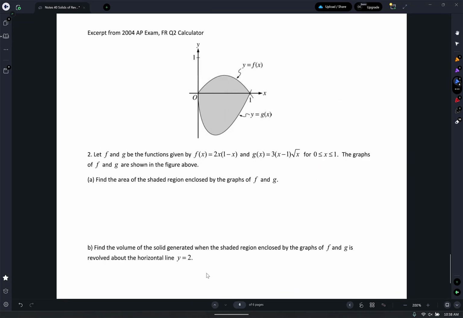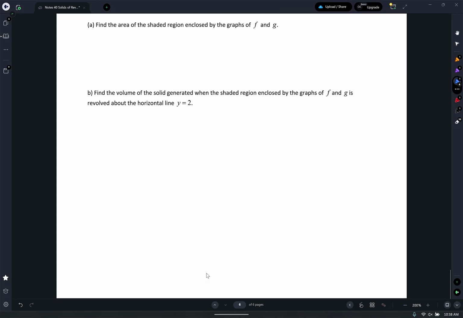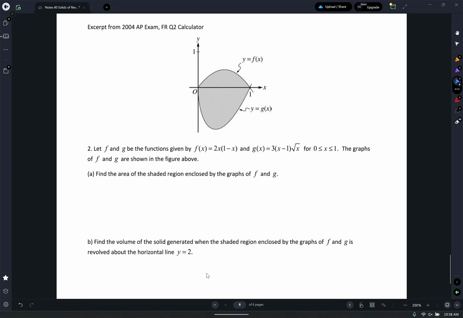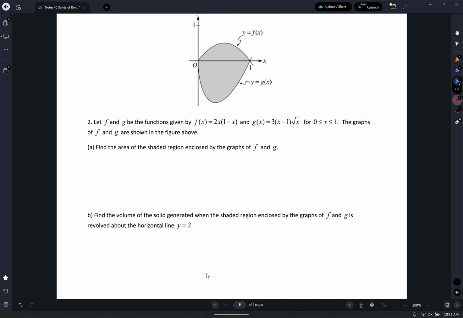I feel like we did this one. Or maybe. All right, let's see. Calculator. Okay, yeah, maybe we just did part A and not part B. Let f and g be the functions given by, again, they give us names, f and g, between 0 and 1. The graphs of f and g are shown in the figure above.